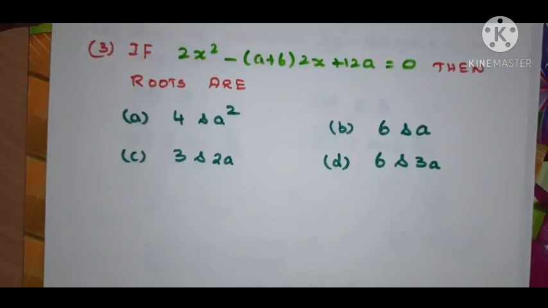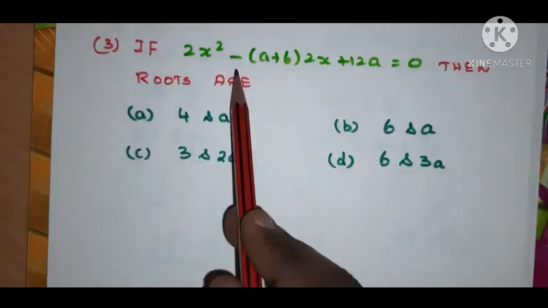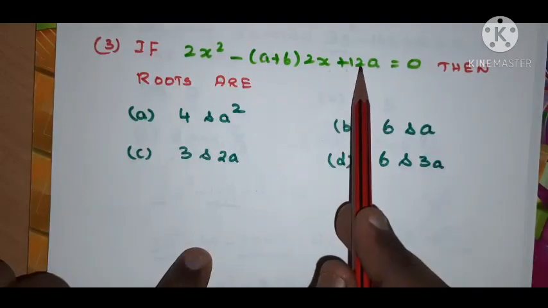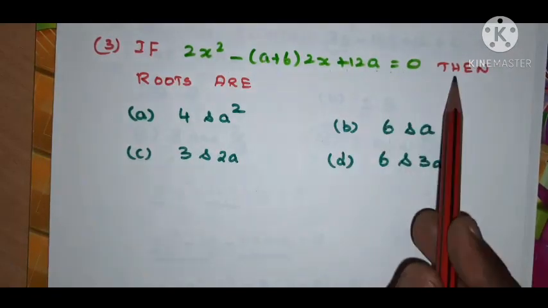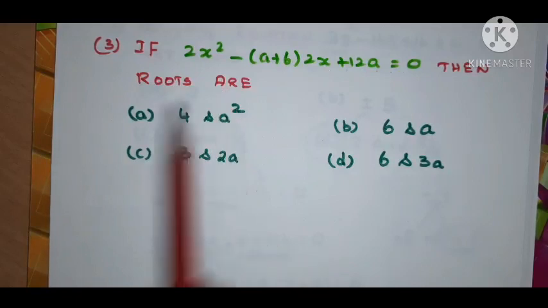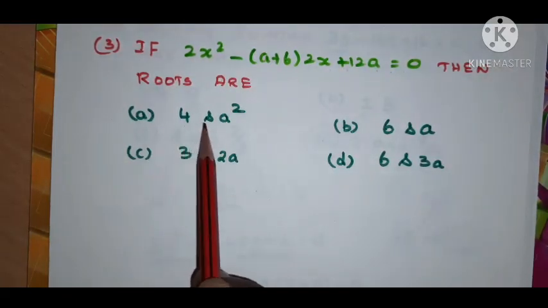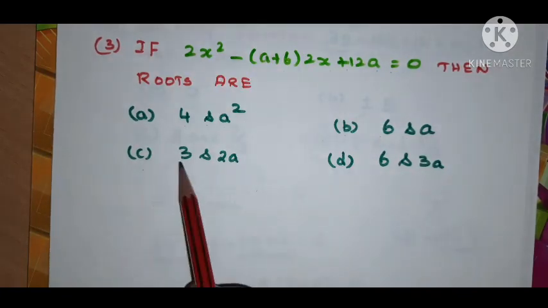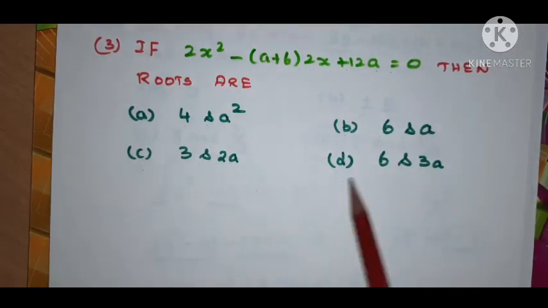The third one. If 2x squared minus (a plus 6) into 2x plus 12a is equal to 0, then the roots are, given options: option A 4 and a squared, option B 6 and a, option C 3 and 2a, option D 6 and 3a.